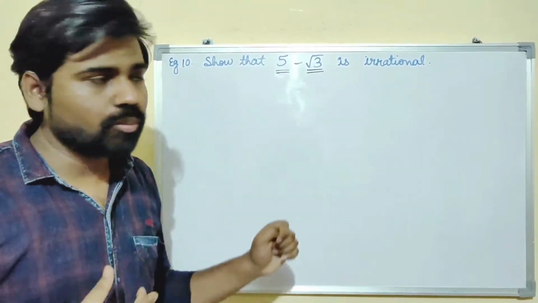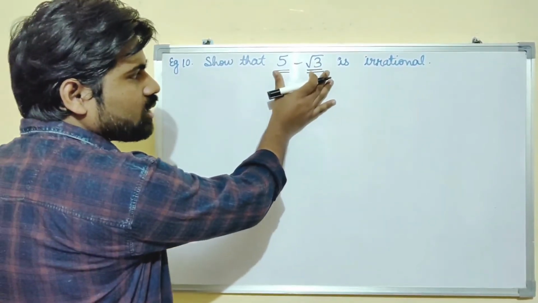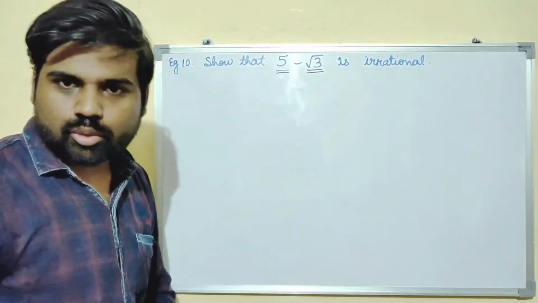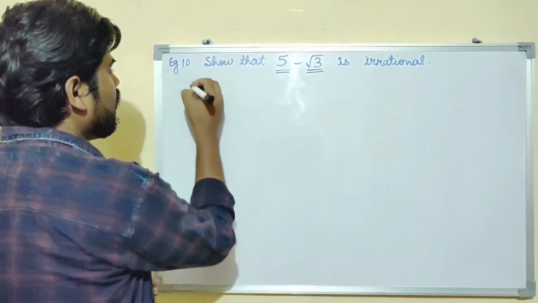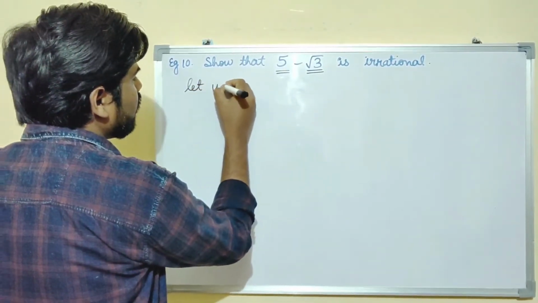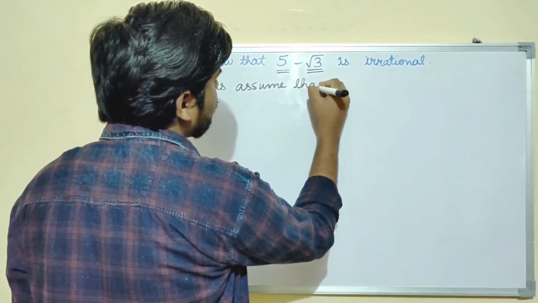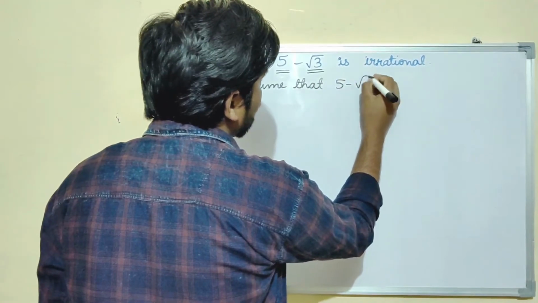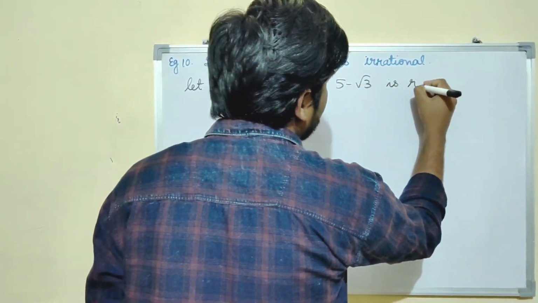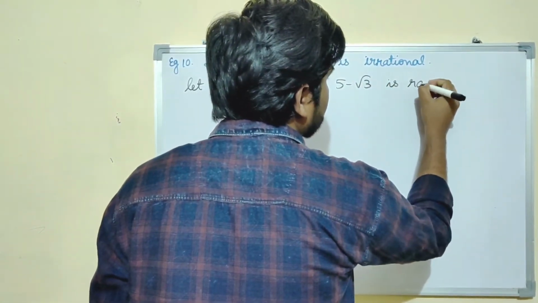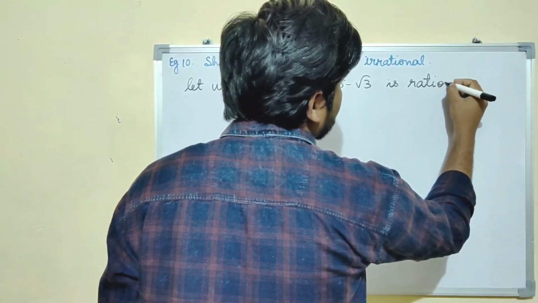Let us see how. We'll assume this expression, 5 minus root 3, as rational. I have assumed the opposite of the statement.